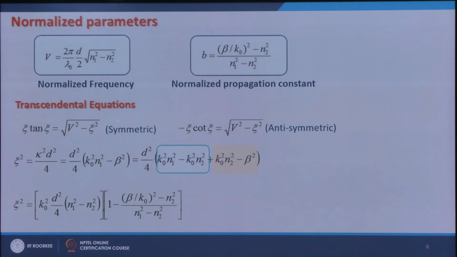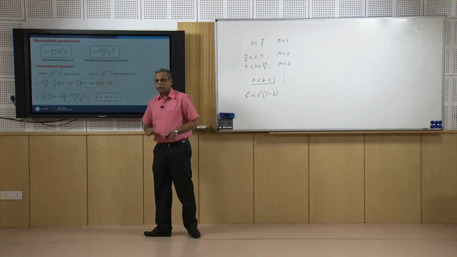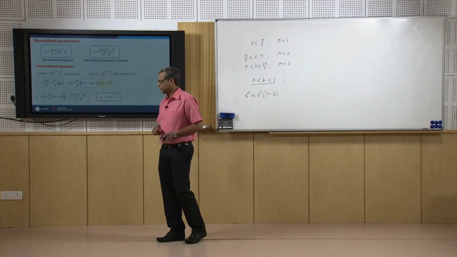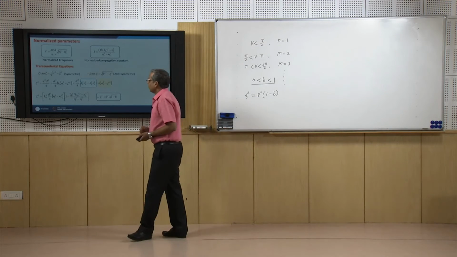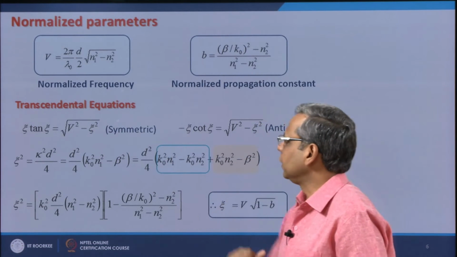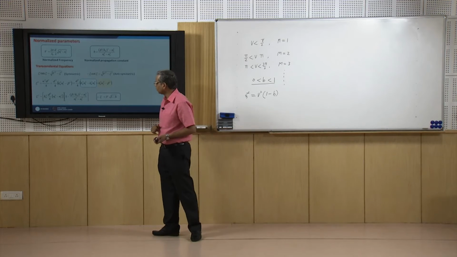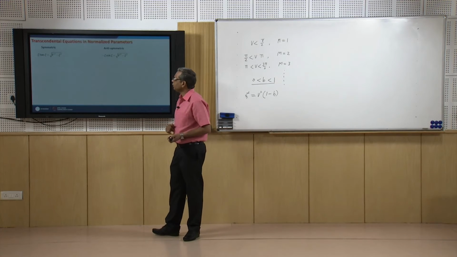So what I have got now is xi square is equal to V square times 1 minus B. This gives me xi is equal to V times square root of 1 minus B. As soon as I get this xi in terms of V and B, I put it in these equations and I get the transcendental equation in terms of B and V only.